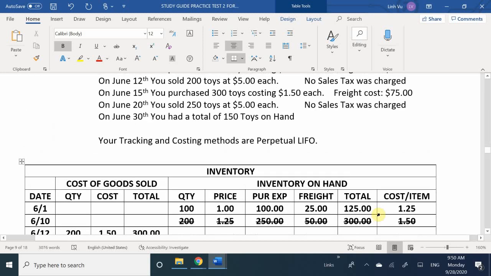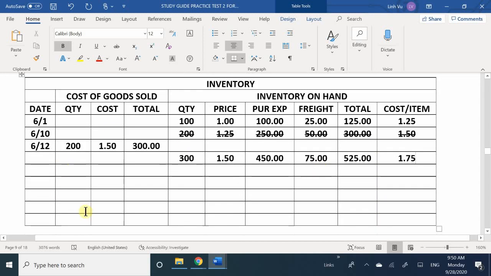All right, what has happened on June 20th? You sold 250 items. Okay, so on June 20th, you sold 250 items.